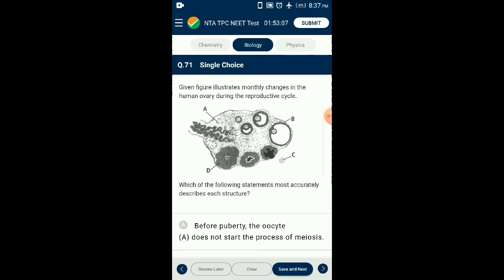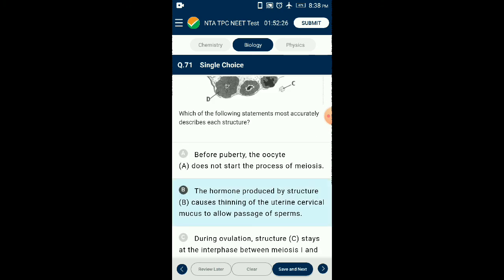At this step, the ova are called primary oocytes, that is labeled as A. The oocytes growing much bigger and complete first meiotic division, forming a large secondary oocyte that is labeled as C. The secondary oocyte develops further and reaches the metaphase stage of meiosis 2 and gets arrested. So here the Graafian follicle is labeled as B. After ovulation the empty follicles turn into corpus luteum labeled as D. So the answer for this question is option B.